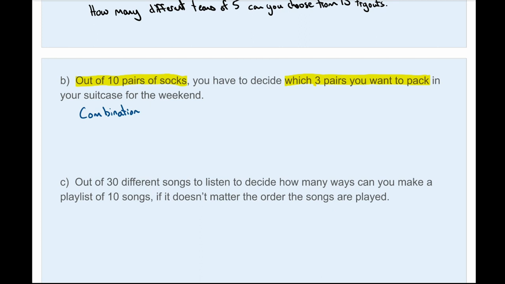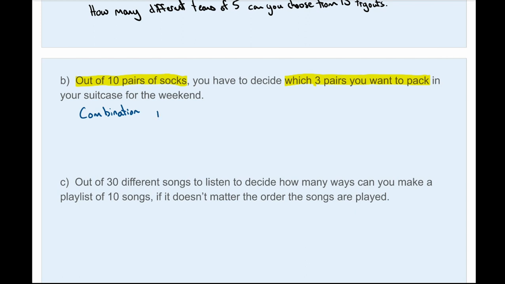The question is not asking how many ways can I order 3 pairs of socks out of 10. It's just asking how many different combinations of 3 pairs could I pick, essentially.